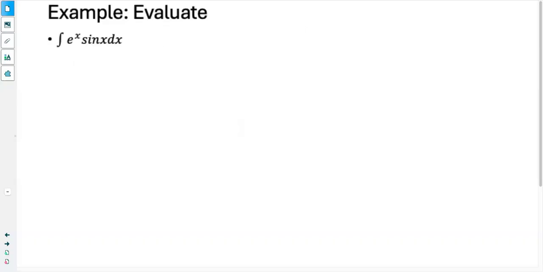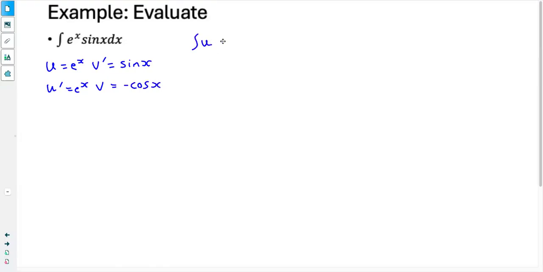So for example, we have the integral of e to the x sine x dx. Now from LIPET, we know that u is going to be our exponential, which is e to the x, while v prime is going to be our trig function, sine x. That's going to make u prime e to the x, while v would be negative cos x.